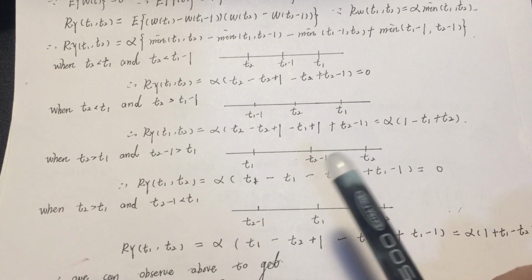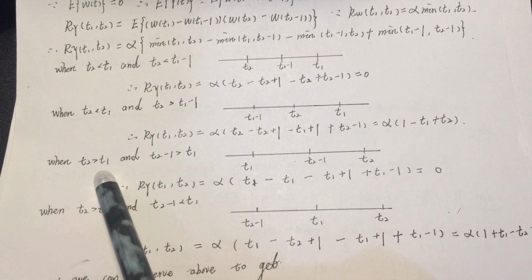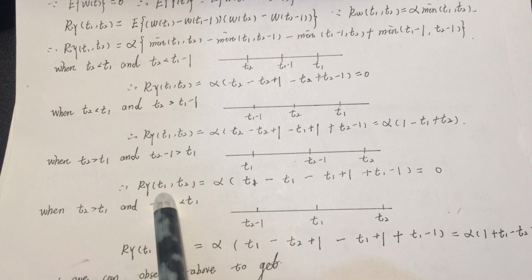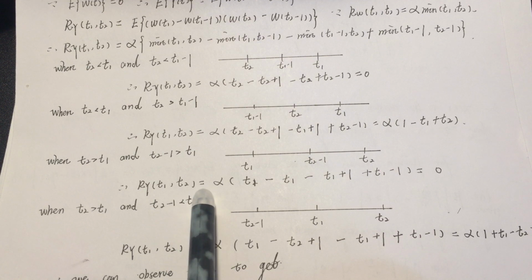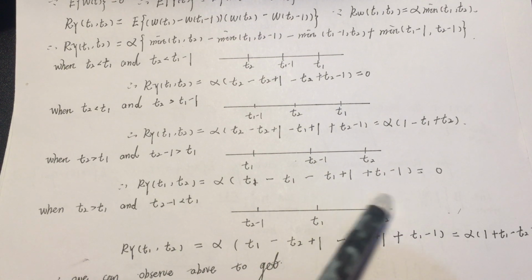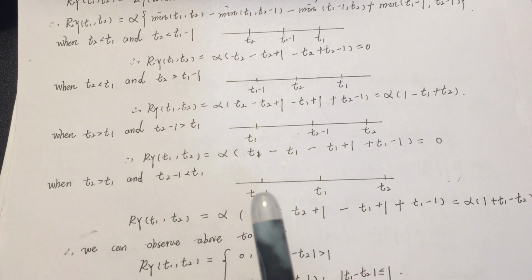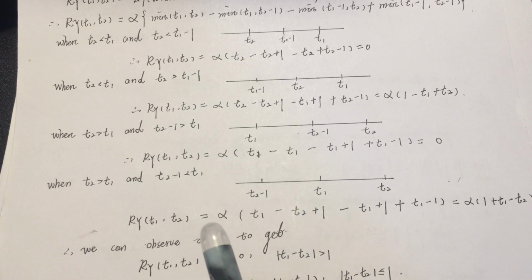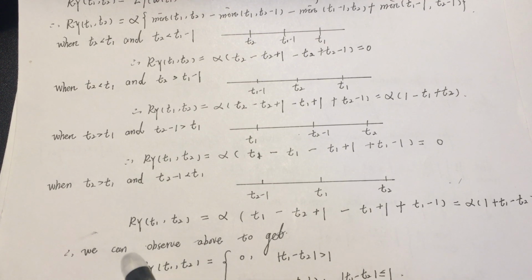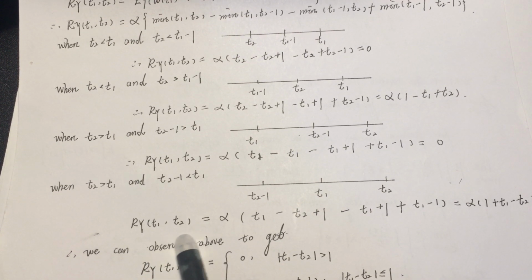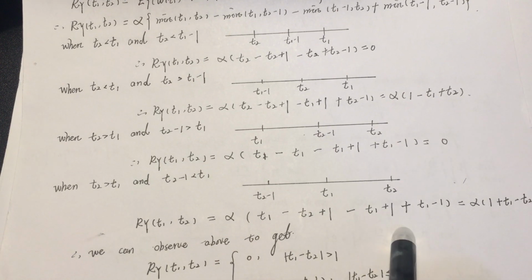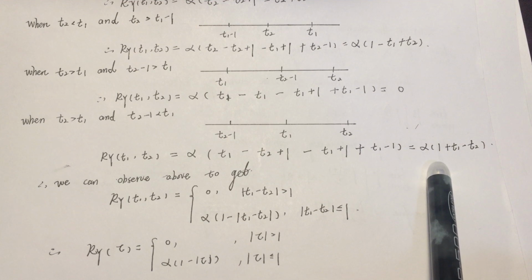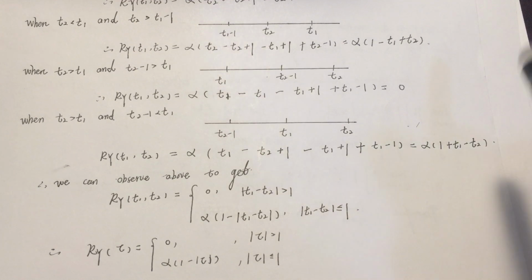And in the third case, when t2 is bigger than t1 and t2 minus 1 is bigger than t1, the above equation can be expanded into this form, and it equals 0. When t2 is bigger than t1 and t2 minus 1 is less than t1, R_Y(t1, t2) can be expanded into this equation, and it equals alpha multiplied by 1 plus t1 minus t2.